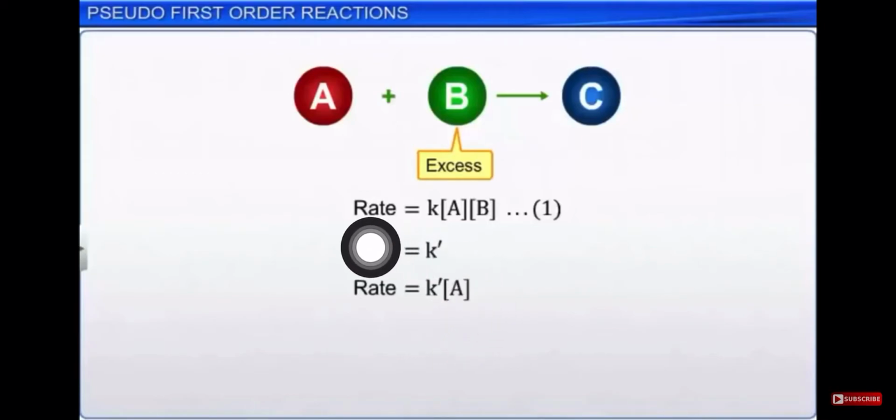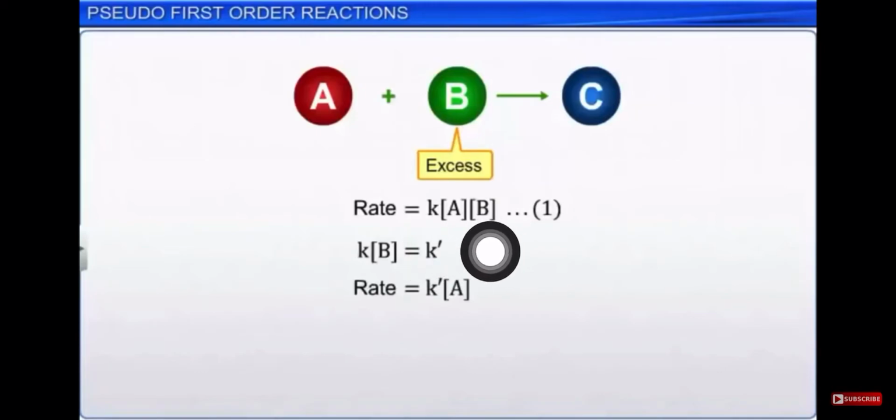Again I am repeating: rate is equal to k, concentration of A and concentration of B. Now B is in very large excess, so we are taking it as constant.